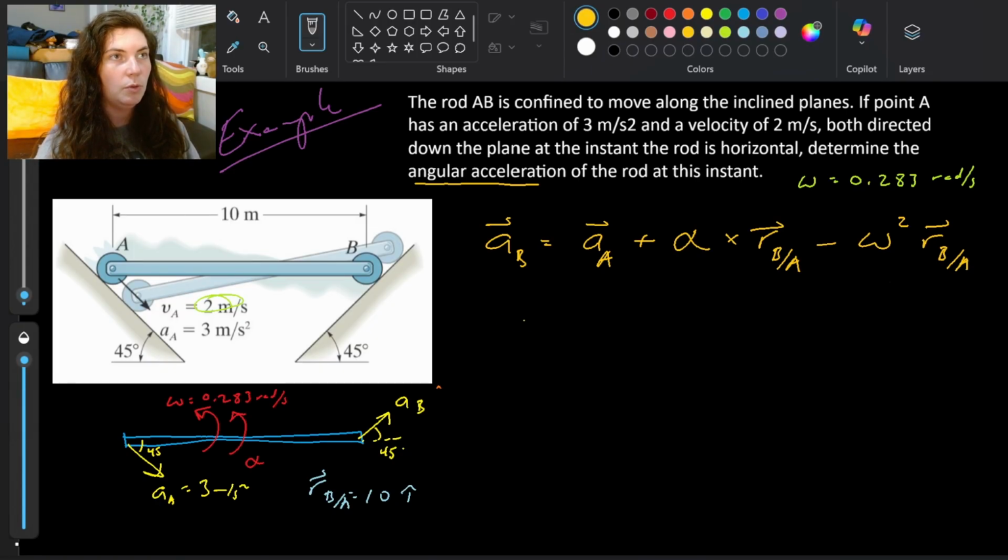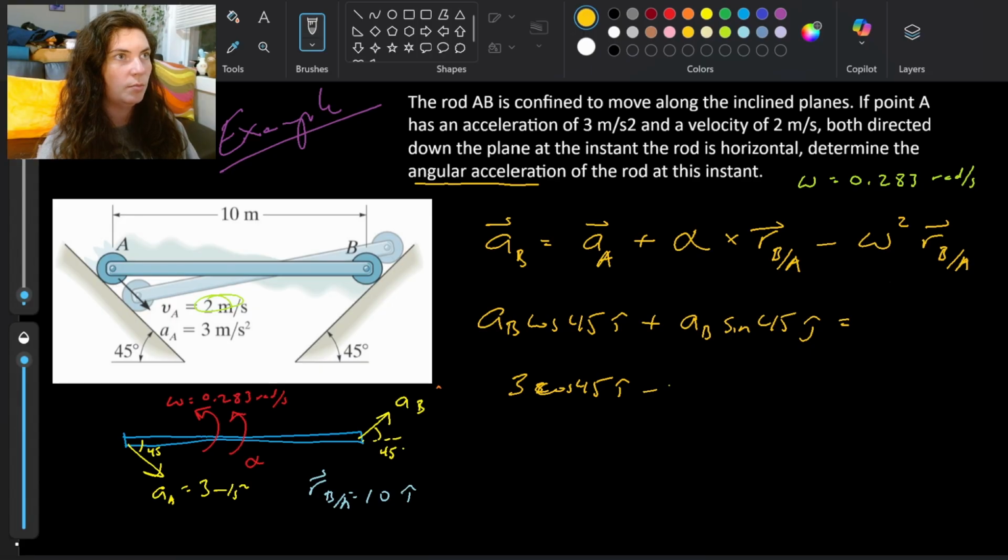Our acceleration of B we'll break into its components: a_B cosine 45 i hat plus a_B sine 45 j hat equals, and then I'm going to drop a line and go do A. So our a_A is 3 cosine 45 i hat minus, because it's in the negative y direction, 3 sine 45 j hat.